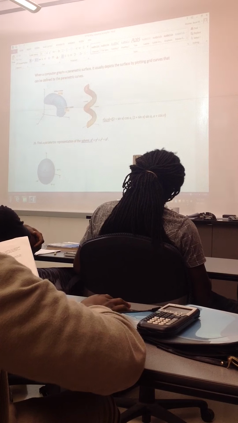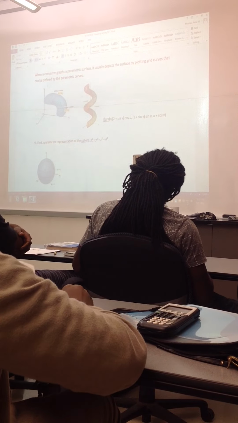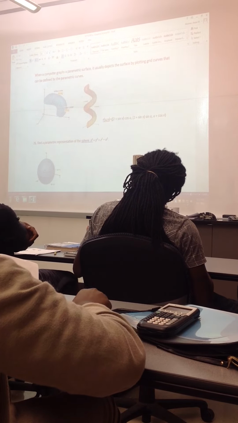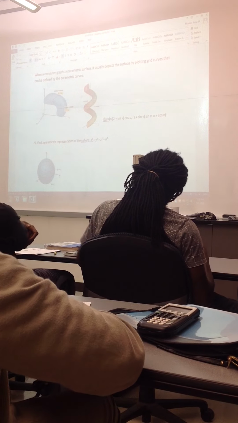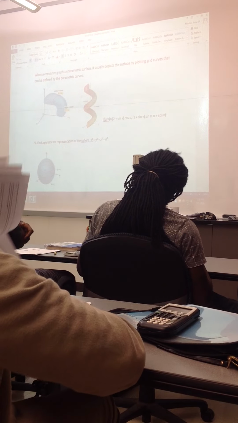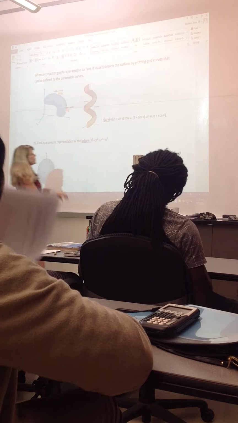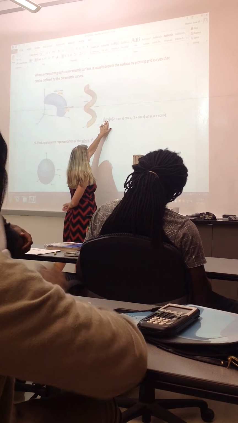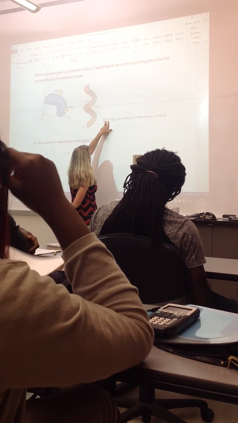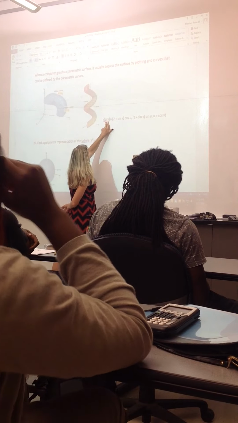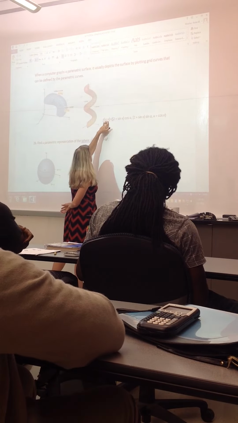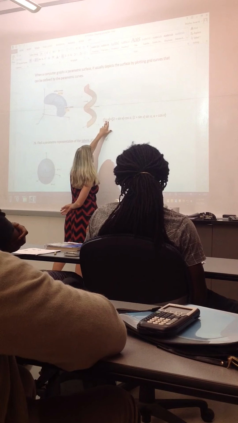Surfaces with vector equations, also called parametric equations or parametric curves. Here we're using the variables u and v as my parameters. They're just arbitrary letters.